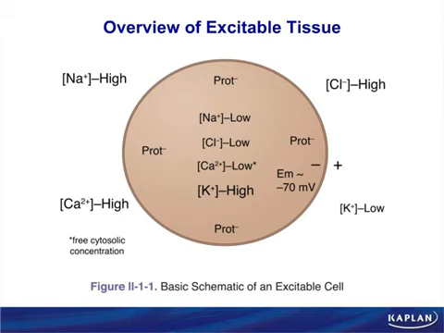Notice, sodium, calcium, chloride. I have them highlighted on the slide. They are higher outside the cell when compared to the inside. So we have a concentration gradient for sodium, calcium, and chloride to diffuse into the cell. Now we already know the basic concentrations of sodium and chloride.